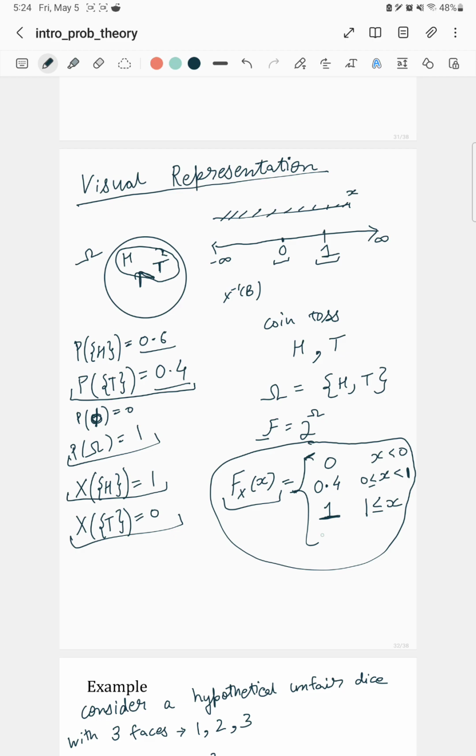So here we have successfully created, and seen an example of, a cumulative distribution function. If you want to map it, you can map it like this. This is the cumulative distribution function of x. For x less than 0, its value is 0. When x becomes 0, its value jumps to 0.4, and this value stays till x is 1. After that, it jumps to the value 1.